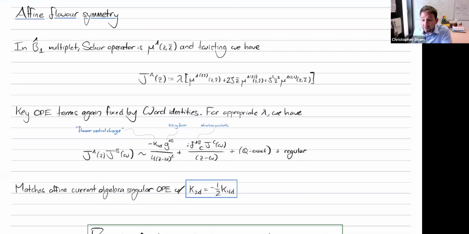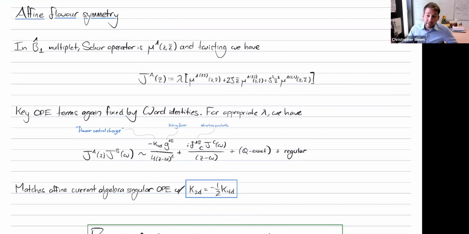And just like we did with the stress tensor, you build some object that makes sense in vertex algebra world, which we're going to presciently call J^A, which again has three components because the B hat 1 superconformal primary is an SU2R triplet. So when we do this twisted translated expansion, we get a z bar term and a z bar squared term.